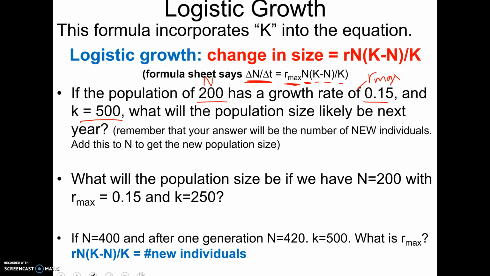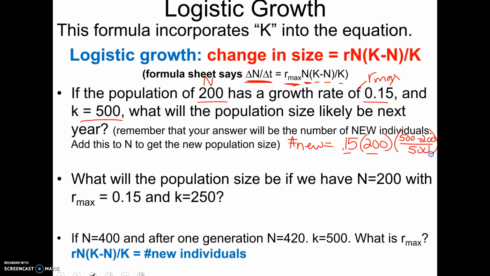So remember, the answer that this is going to give you is not the population size for next year. It's actually going to be how many new individuals you're going to have the next year. So the number of new individuals is going to be equal to 0.15 times 200. That's our R max times N times K minus N over K. So 500 minus 200 over 500.